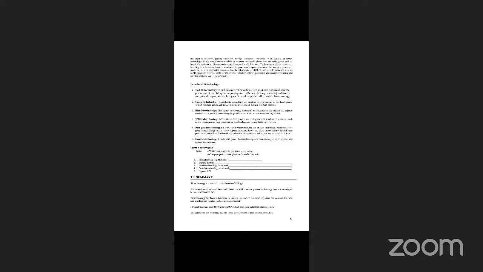Then green biotechnology. It is mainly for agriculture purpose, for production of pest resistant grains and disease resistant animals. Then blue biotechnology. It is for marine and aquatic environments. Then white biotechnology.